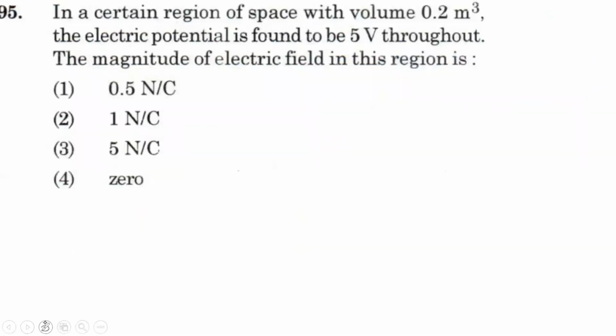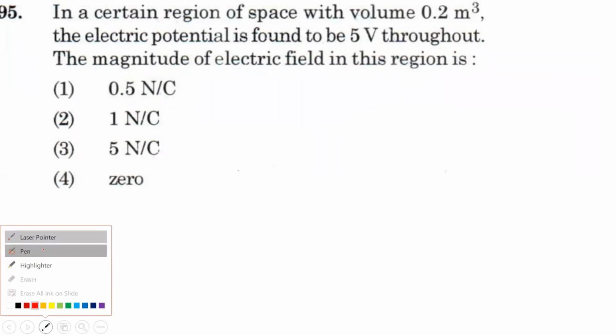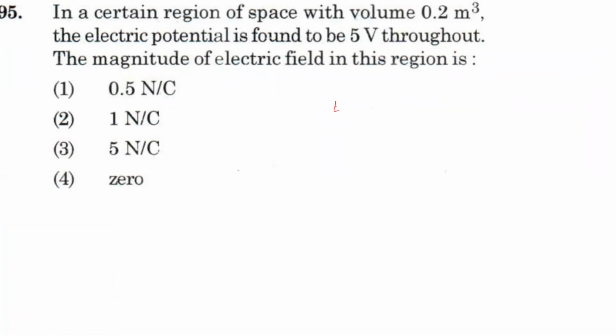Next, the 95th question. In a certain region of space with volume 0.2 meter cube, the electric potential is found to be 5 volt throughout. The magnitude of the electric field in the region is: actually the electric field formula is minus dV by dr. Here the potential is found to be 5 volt throughout, that means it is constant.